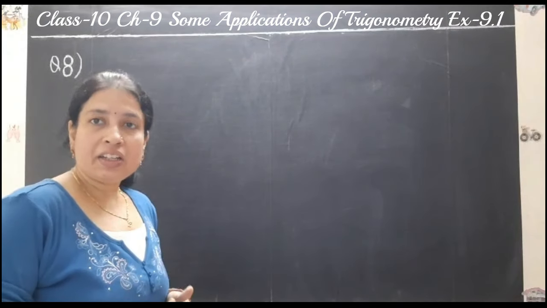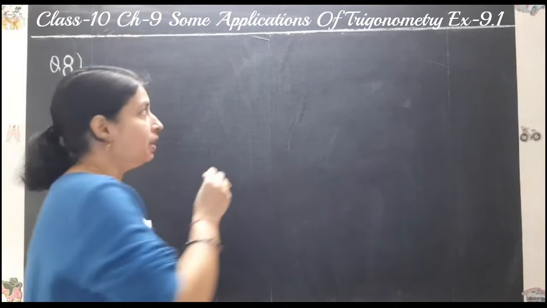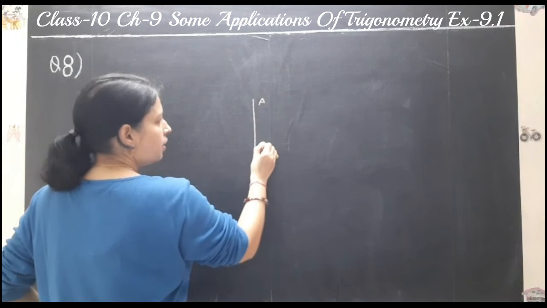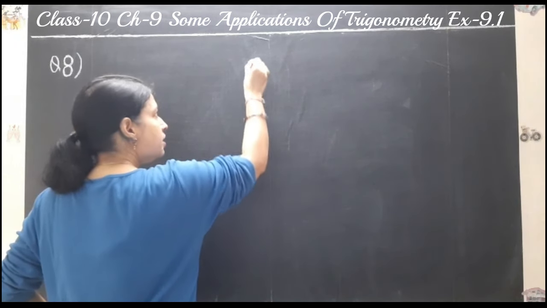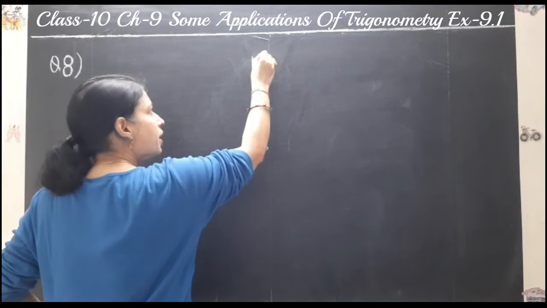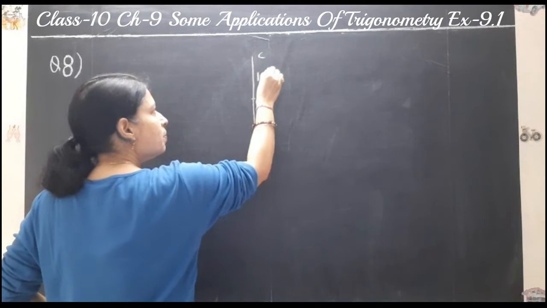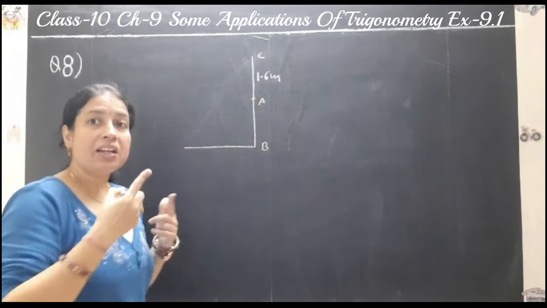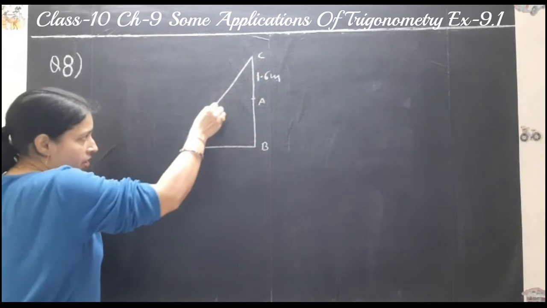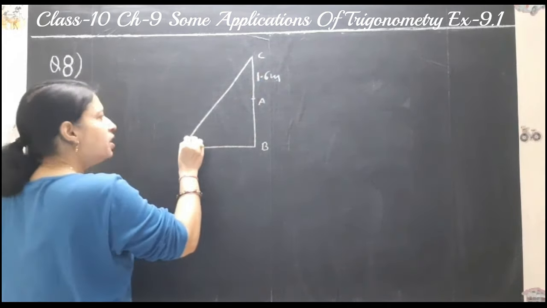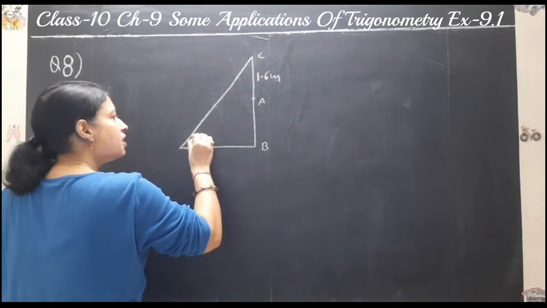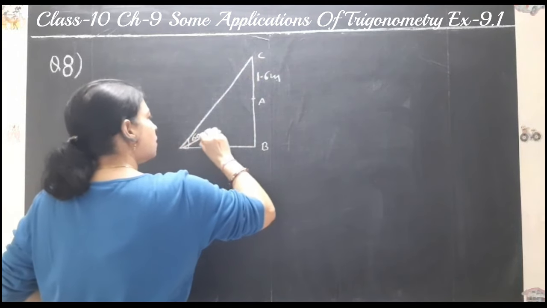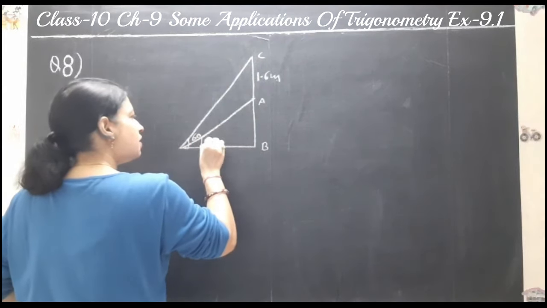So first, on the basis of the given information, we make a diagram. So suppose this one is a pedestal, so here AB, and here is a statue. Write this, and the height of the statue is given 1.6 meter. And the angle of elevation of the top of the statue is given from a fixed point, here 60 degrees. And the top of the pedestal is given 45 degrees.